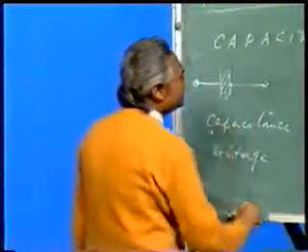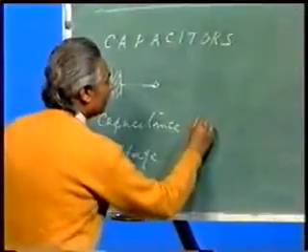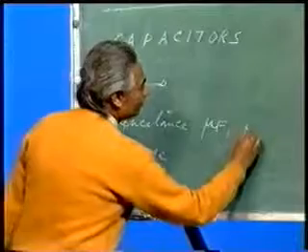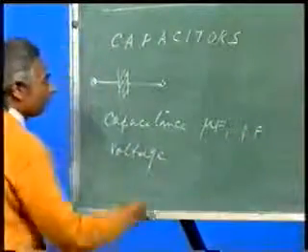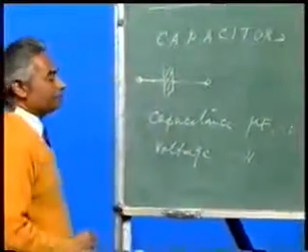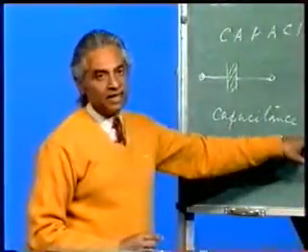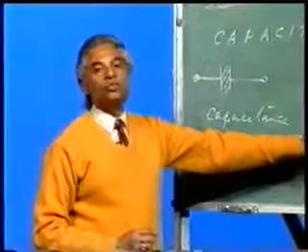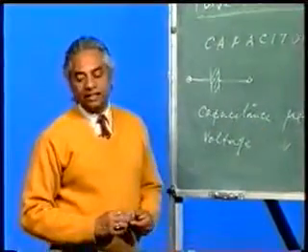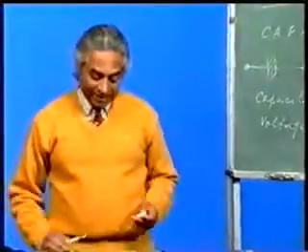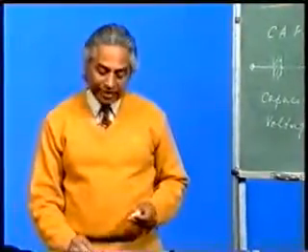The capacitance is usually in microfarad or sometimes picofarad, and the voltage of course in volts. Microfarad means 10 to the power minus 6 farad, picofarad means 10 to the power minus 12 farad. In case of some of the capacitors, the value is printed or written on it.